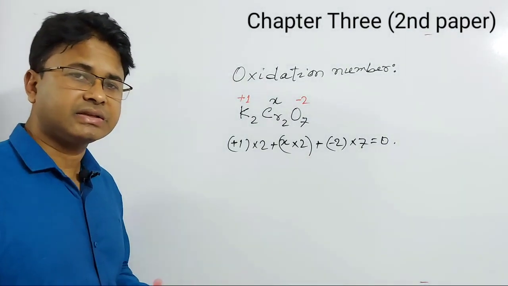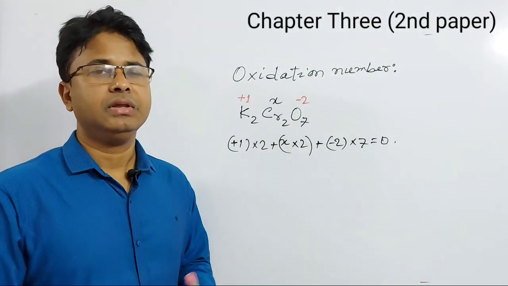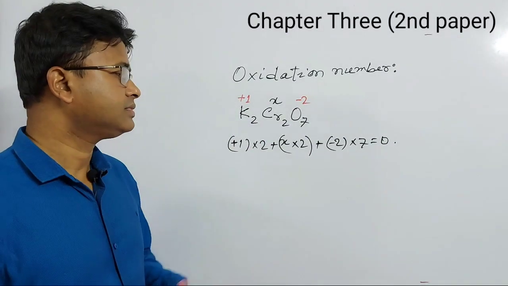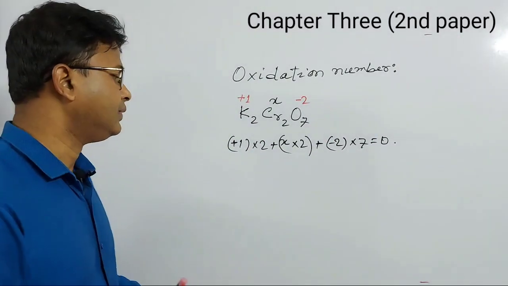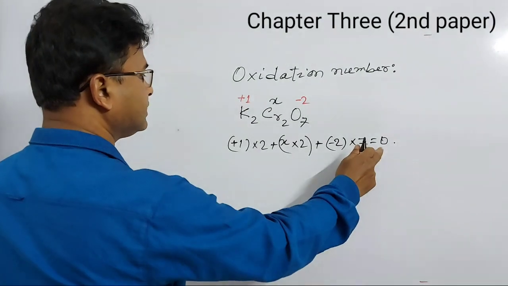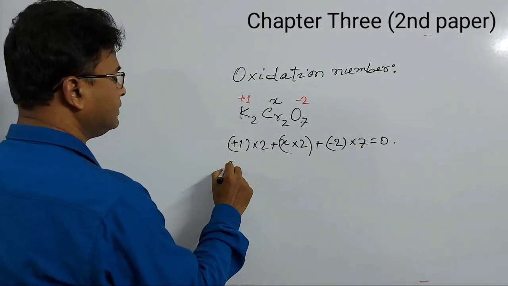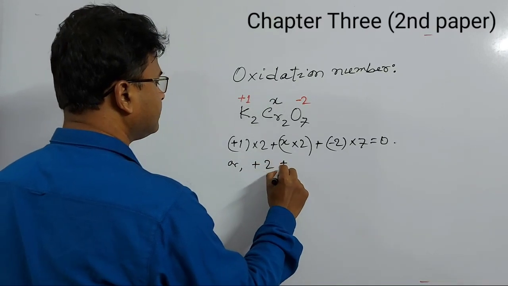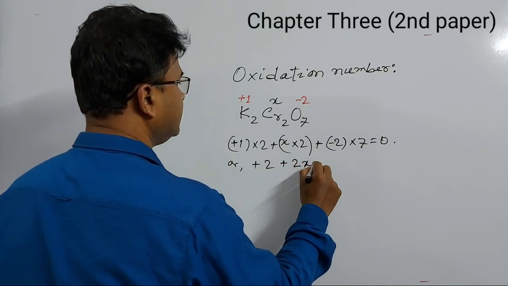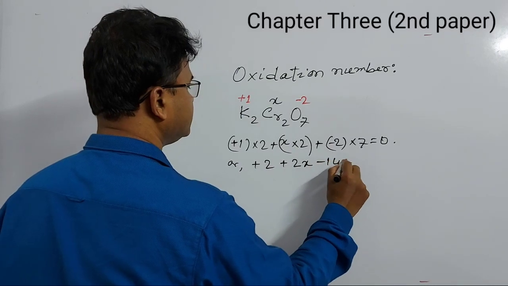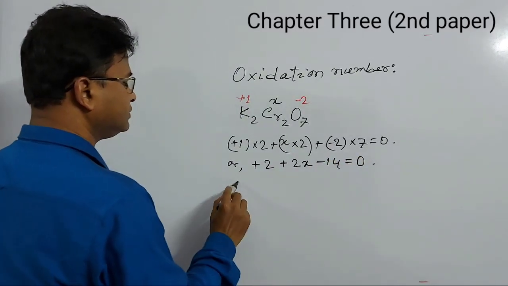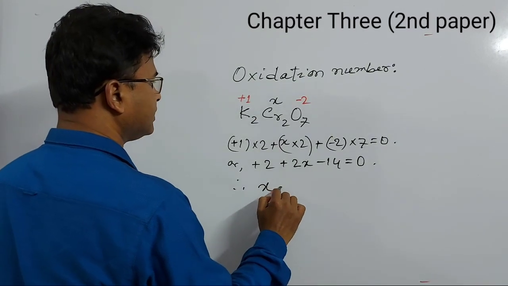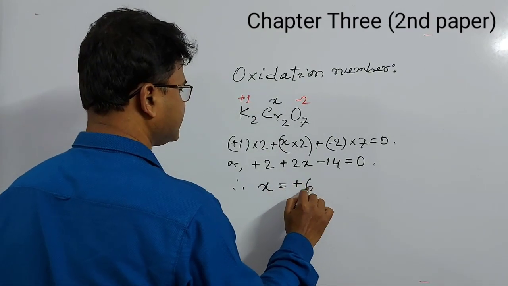It is stated that in a molecule the sum of the oxidation numbers of the atoms is 0. That's why I have written here 0. So, it will be +2 plus 2x minus 14 is equal to 0. So, x is equal to +6.